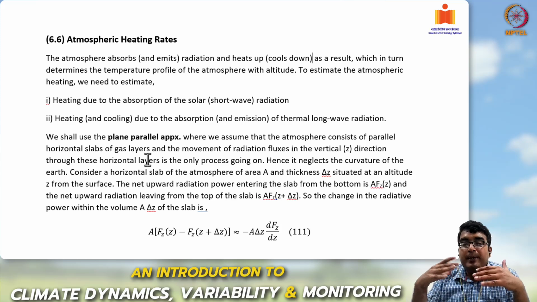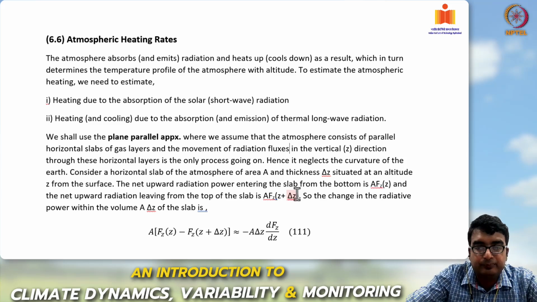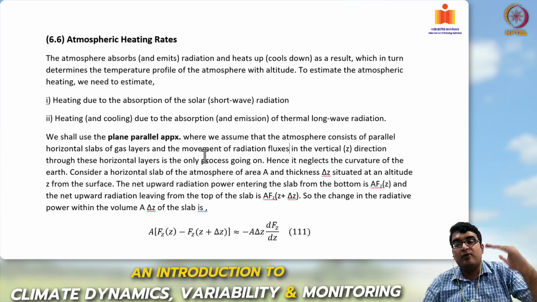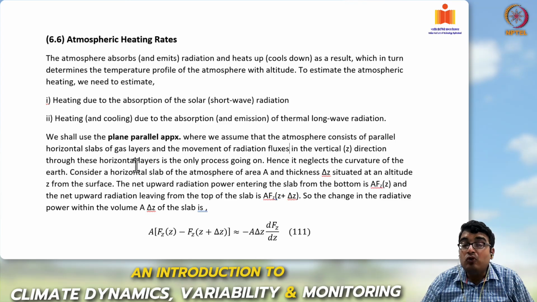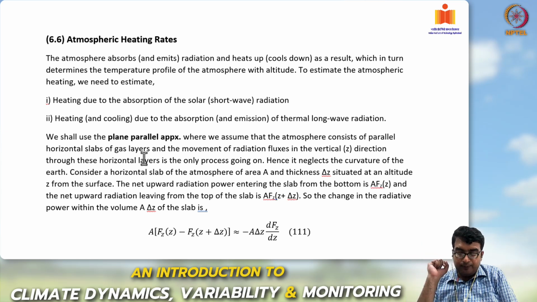And the movement of the radiation fluxes occur in the vertical direction. And this movement of radiation fluxes in the vertical direction through these horizontal layers is the only process going on. So there are a lot of simplifications here which I need to draw your attention towards.